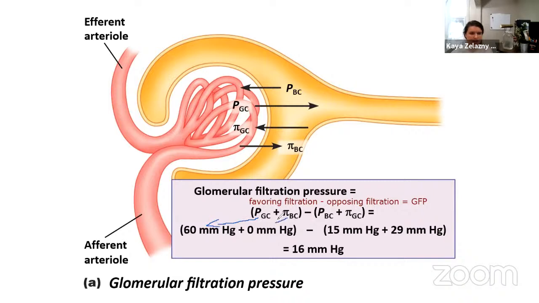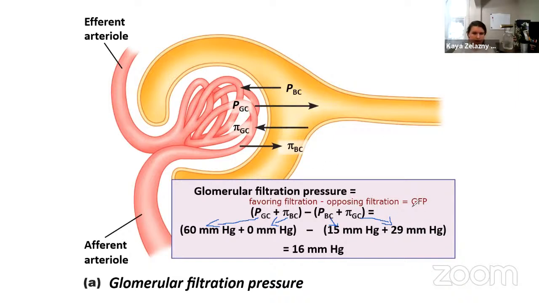We have 0 for our Bowman's capsule oncotic pressure, but we want to put it in for thoroughness. We're subtracting our forces opposing filtration. So subtracting that pressure of the filtrate pushing back towards the capillary, so the Bowman's capsule hydrostatic pressure. We're also subtracting the pull of the proteins in the plasma, which are pulling filtrate back towards them, or more formally, the glomerular capillary oncotic pressure.